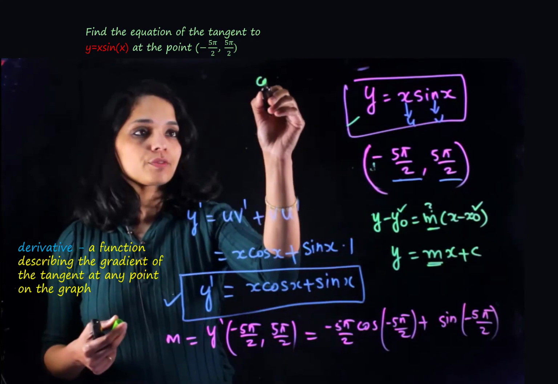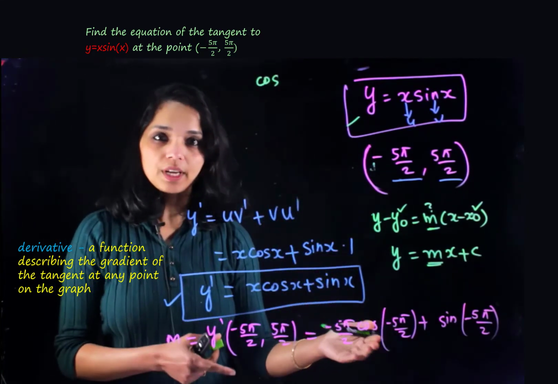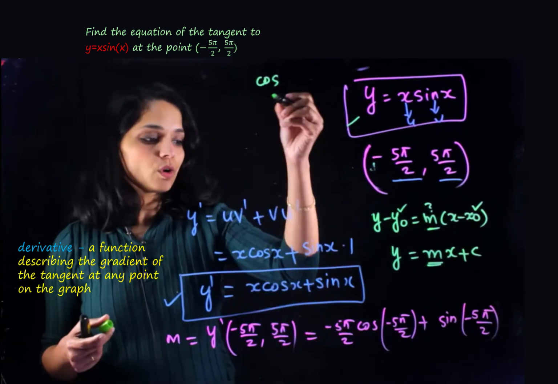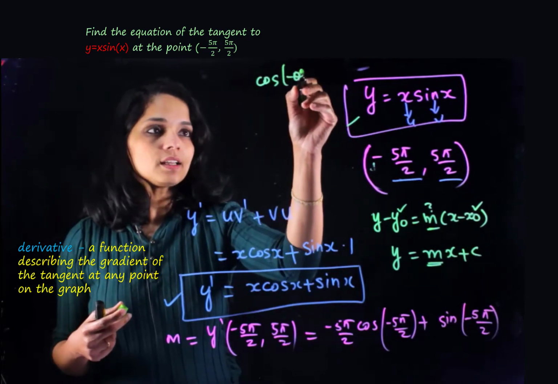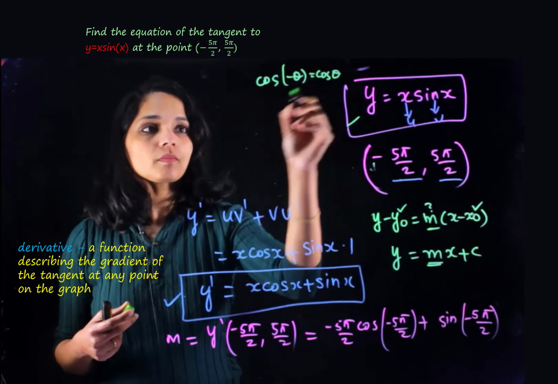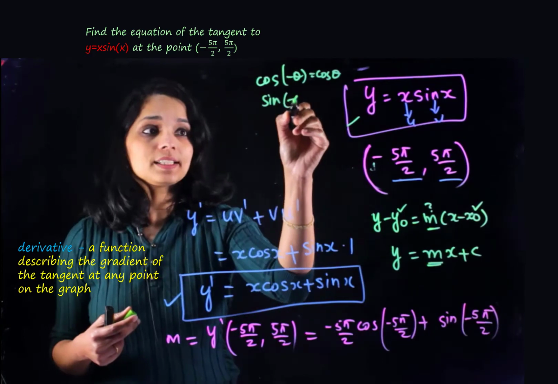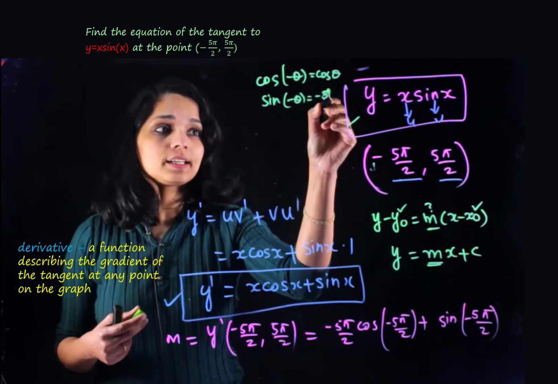So we have cos, or you can use the calculator if you have access to one. So cos of minus theta equals cos theta, and sine of minus theta equals minus sine theta.